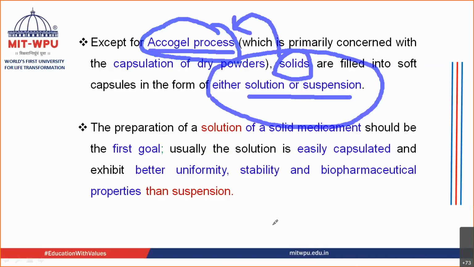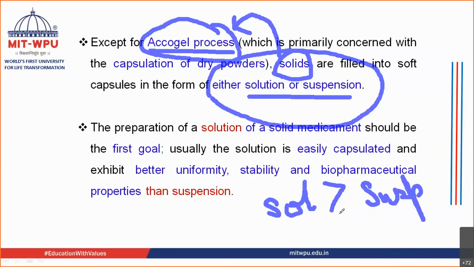Now moving ahead. Usually when you are encapsulating a material, a solution is preferred over a suspension. So as far as possible, you try to prepare a solution of the solid material. Now this solid material can be encapsulated as such inside the capsule shell, and the process is known as Ecogel.